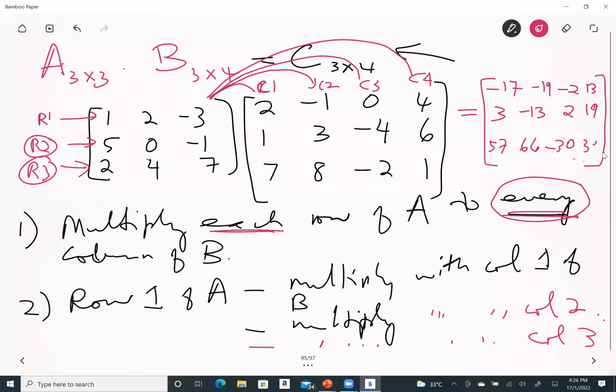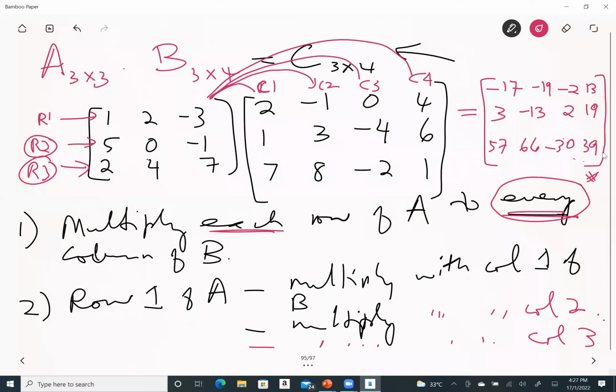39. Okay. Somebody else, do you get the same matrix or you don't? If you don't, tell me the number or the element that is different. We will check. But as of now, that is the matrix.